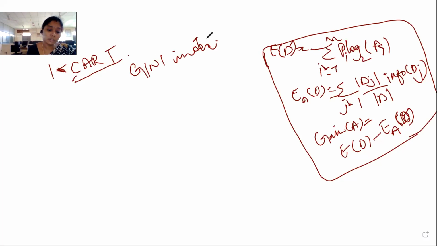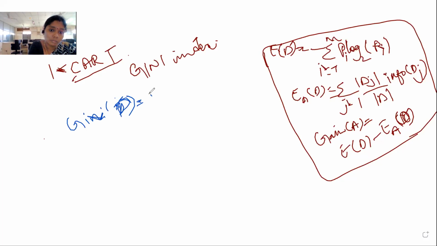Gini index of the entire data set is one minus sigma i is equal to 1 to n p_i square.